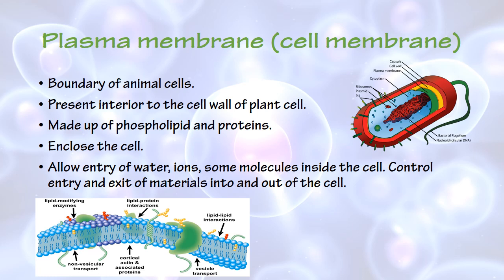Cell membranes are made up of phospholipid and allow entry of water, ions, and some molecules inside the cell, likewise they excrete some waste products from the cell. In this bacteria cell, these red colored areas are the plasma membrane of the cell.